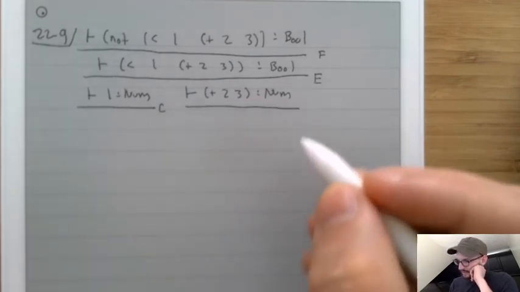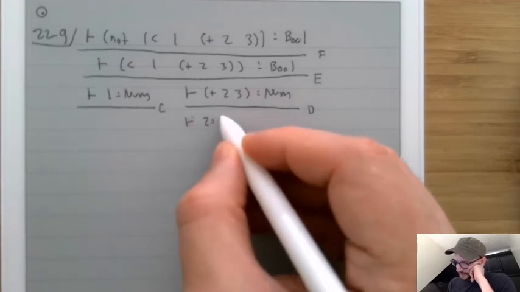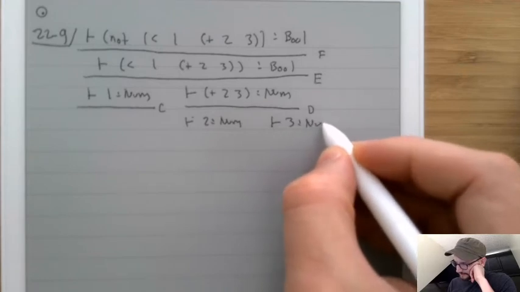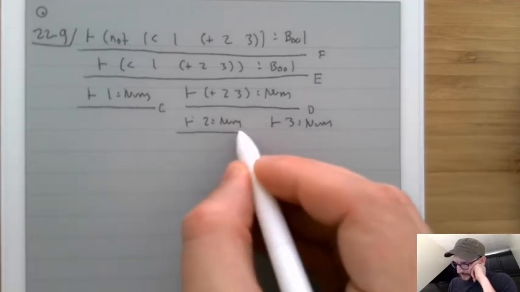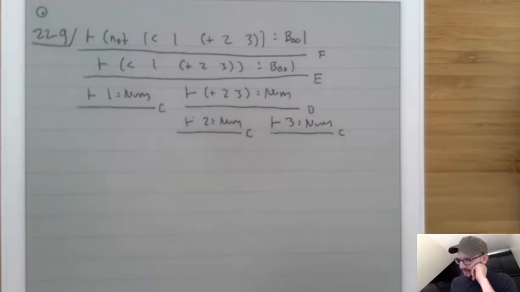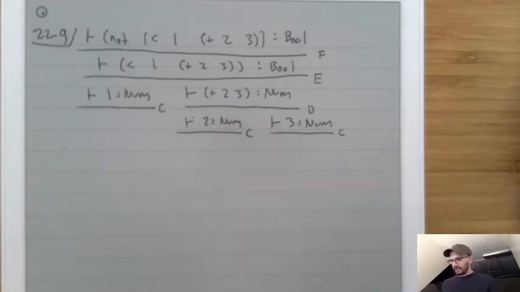This one we can predict using rule D if we can predict that 2 is a number, and we can predict that 3 is a number. We can predict that this is a number based on rule C, and this is a number based on rule C. So we can apply these rules in this order and derive a prediction that this program actually evaluates to a bool.